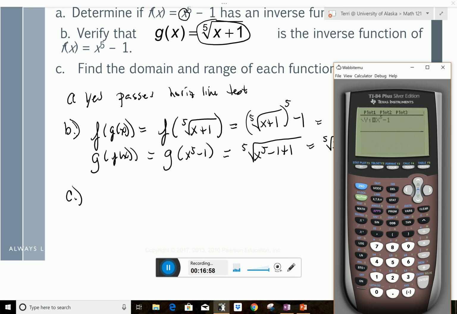Let's graph the other one. To graph a fifth root, one easy way is to go to math, and here you have root and you have an x, so you do 5. And I can say the fifth root of x plus 1.